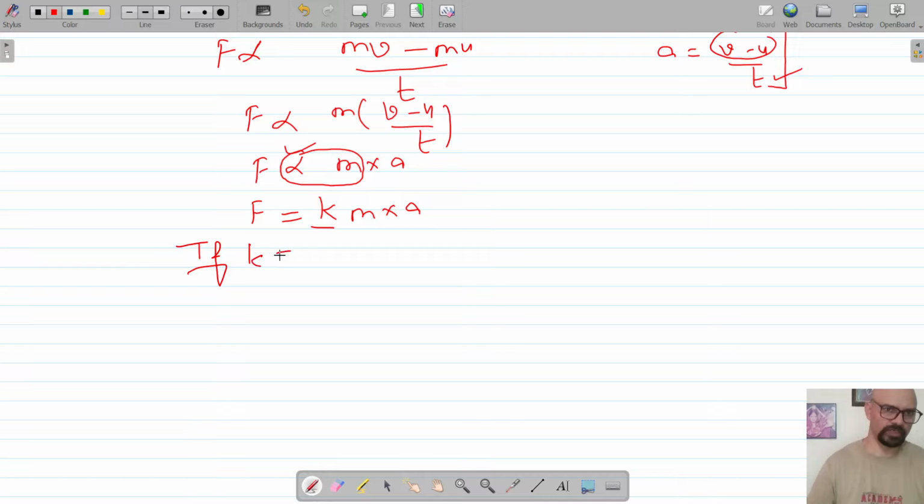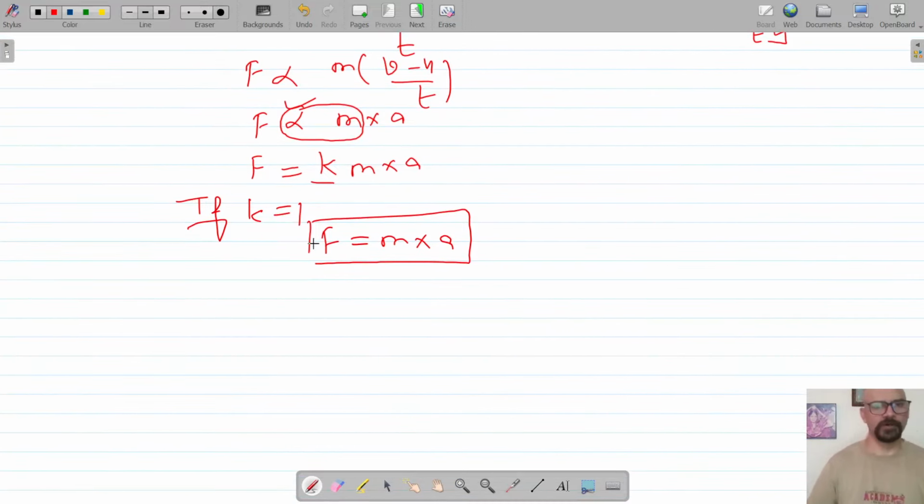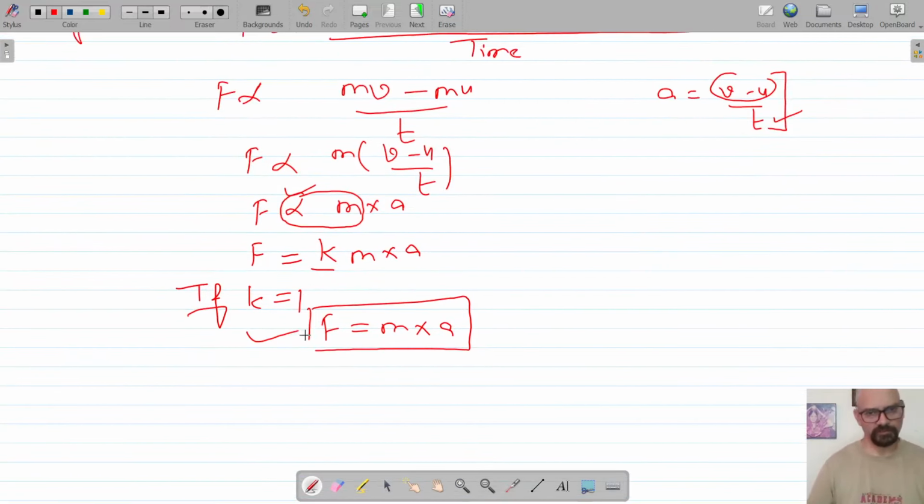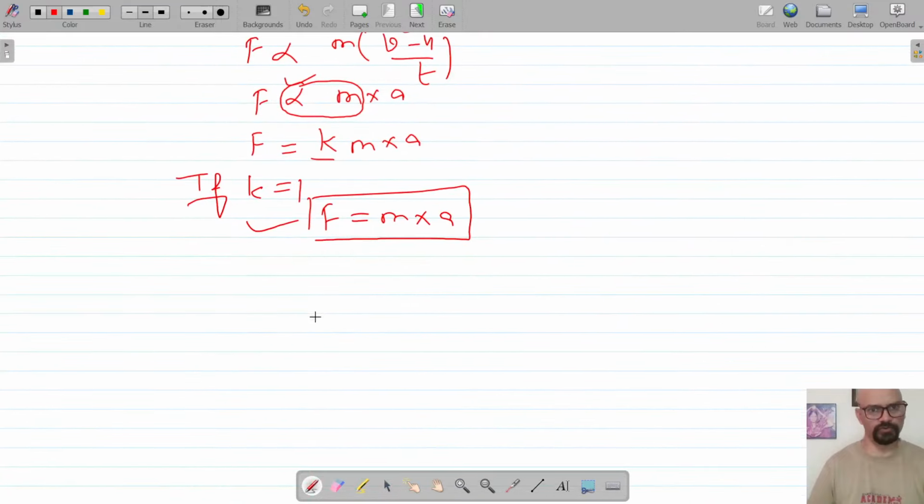If you put k is equal to 1, our mathematical formula from Newton's second law becomes F is equal to m into a. Now, this is the mathematical expression of Newton's second law of motion. From here, we are going to derive the SI unit of force.